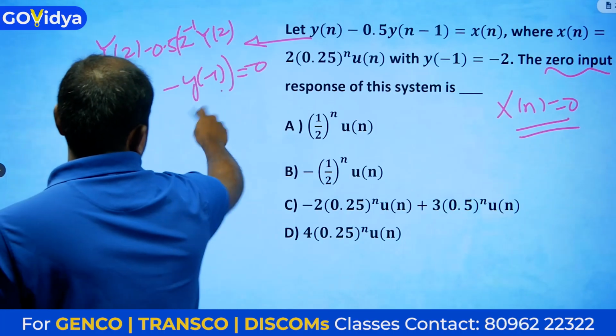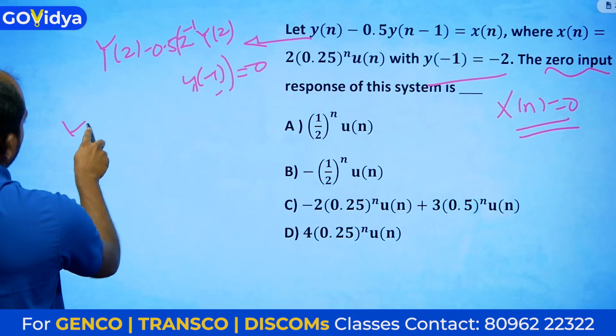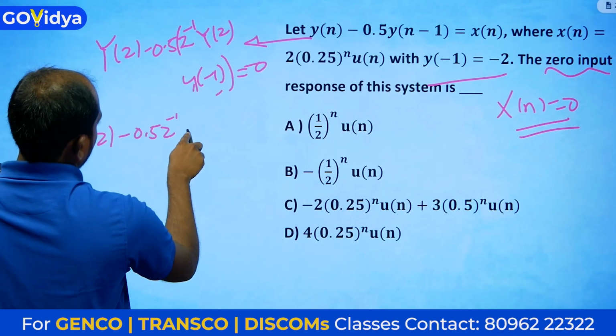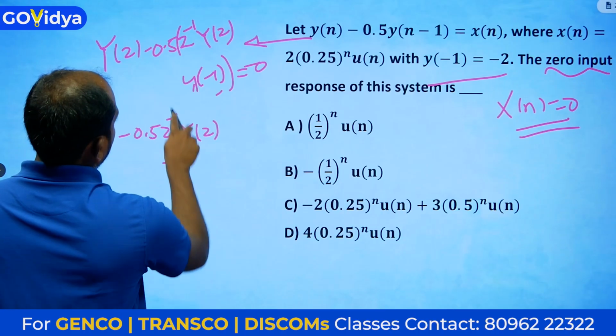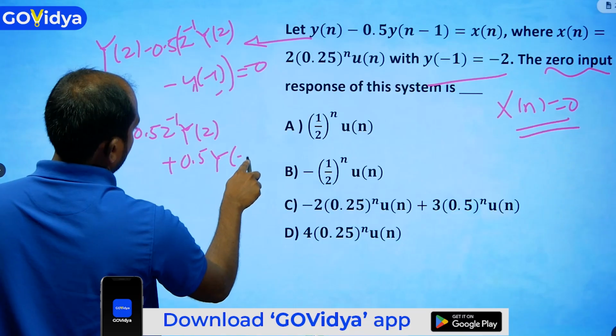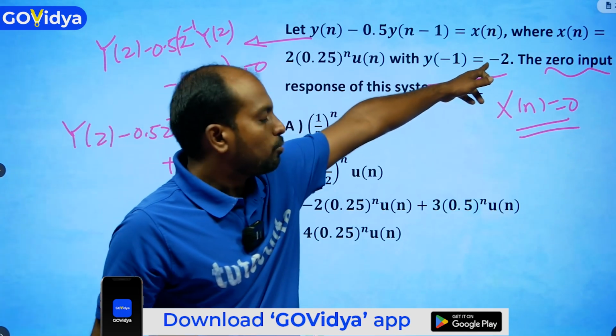In place of y of minus 1, given that y of minus 1 is equal to minus 2, just substitute that value. If I simplify, Y of z plus 0.5 z inverse into y of z plus 0.5 into y of minus 1 is equal to 0.